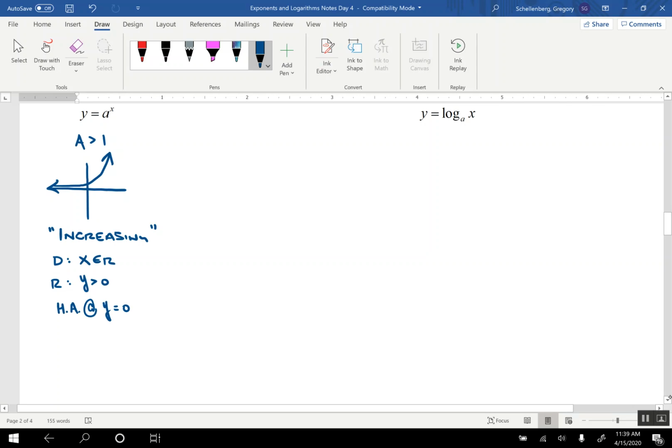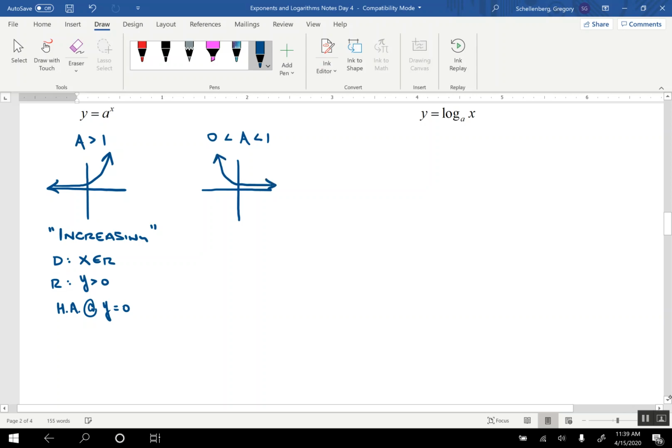Okay, if our base is between 0 and 1, so our base is less than 1 but greater than 0, here's what it's going to look like graphically. Something like that.